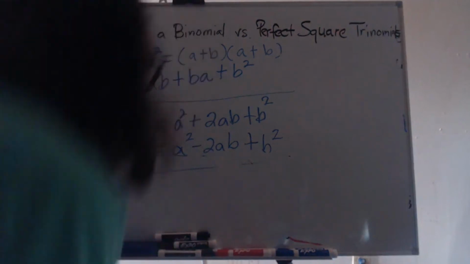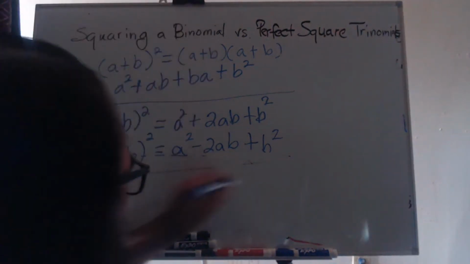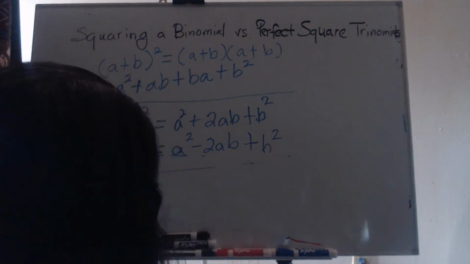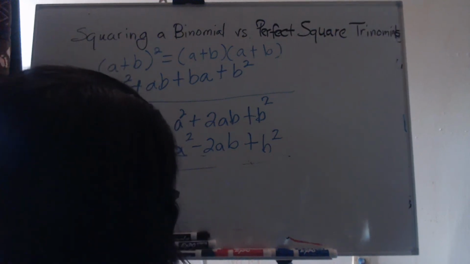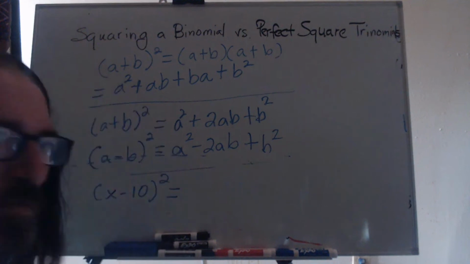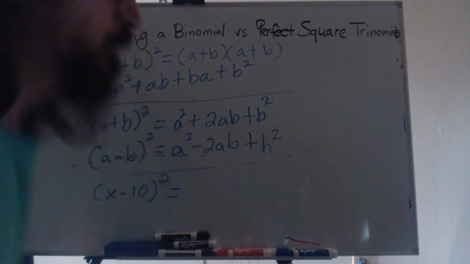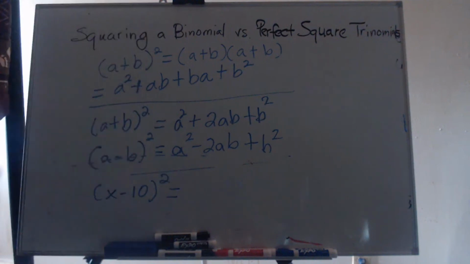So for example, if we were to square the quantity x minus 10, you can check this by using FOIL, but I'm going to use this formula.